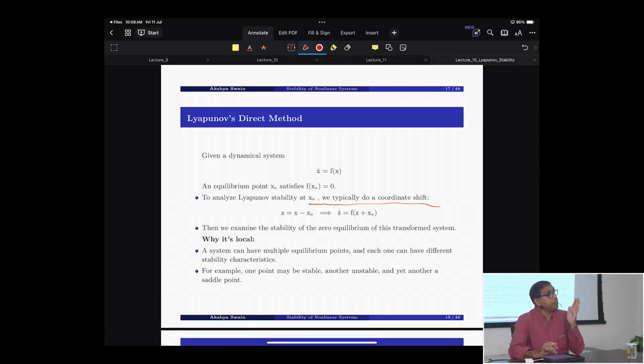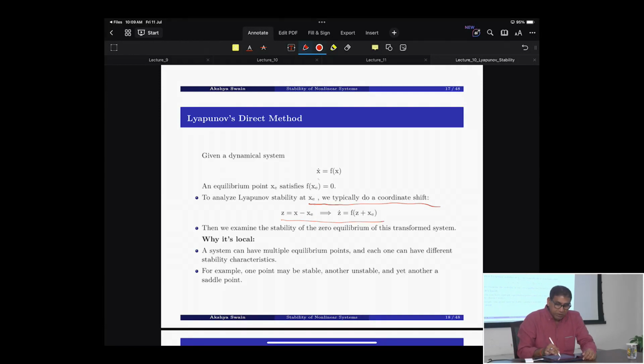This has to be done for each of the equilibrium points. We first decide which equilibrium point we want to study for stability. That equilibrium point may not be at the origin. If not at the origin, you transform it into the origin by a suitable transformation, z.